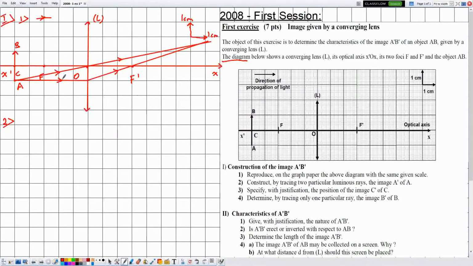The justification of the ray parallel to the optical axis: an incident ray issued from A, because we are determining the image A prime of A, parallel to the optical axis, emerges passing through the image focus.